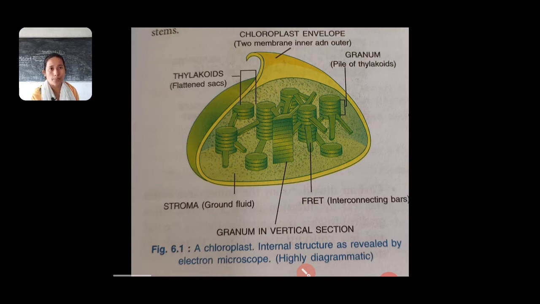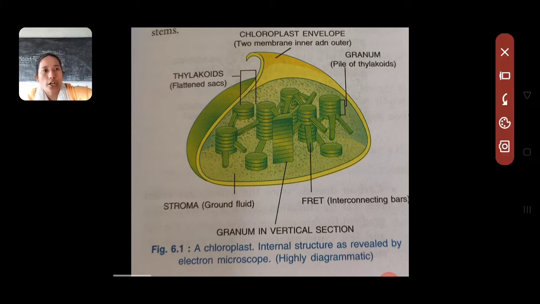If you look at the structure of a chloroplast, it's a double membrane structure. Two membranes are present, inner and outer membrane. Now if you go through the internal structure, inside a chloroplast you can see flattened sac-like structures. A single flattened sac-like structure is referred to as a thylakoid.